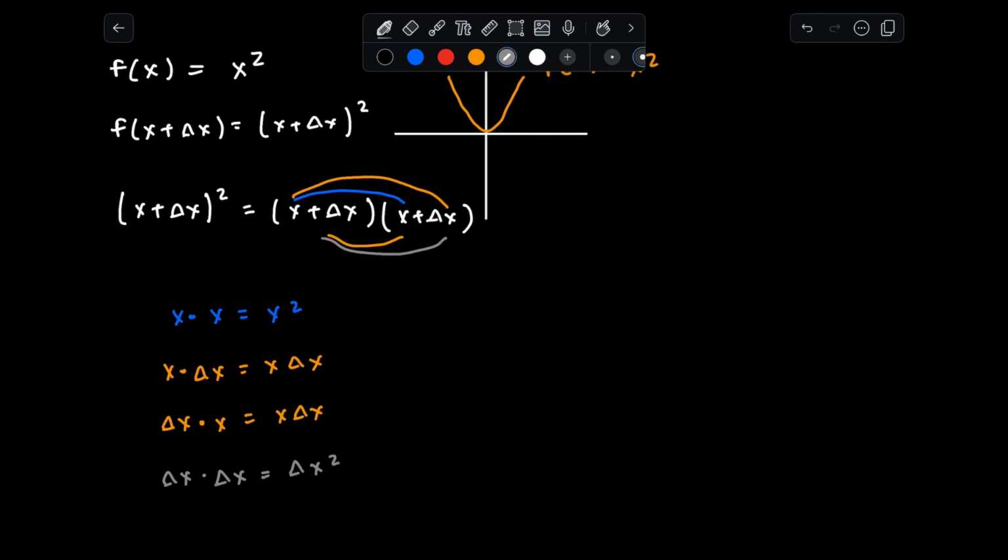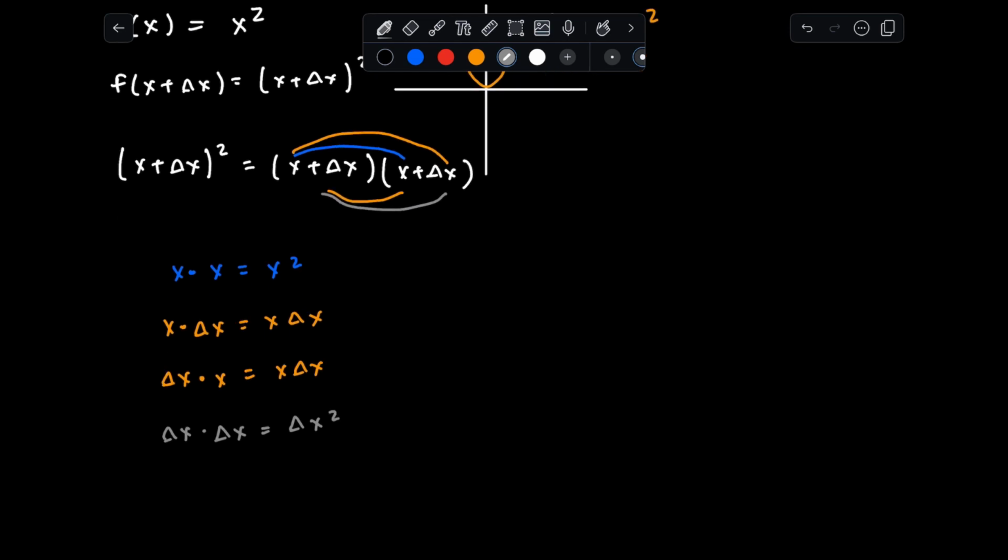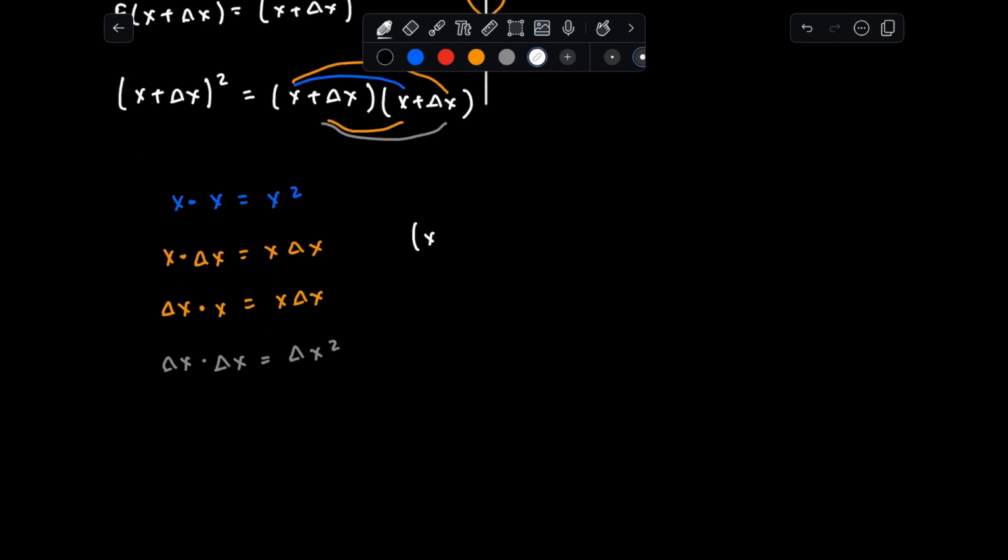Now that we have all these components from multiplying x plus delta x times x plus delta x, we can write that x plus delta x times x plus delta x is equal to x squared plus x delta x plus x delta x plus delta x squared.